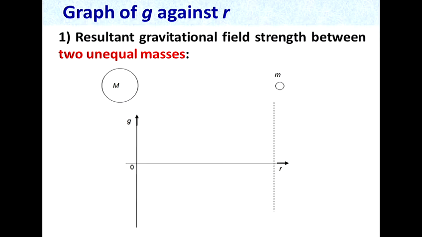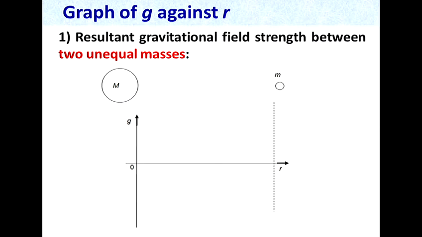Okay, the first graph we're going to talk about is a graph of gravitational field strength against distance when there are two masses present, big M and small m, spherical masses. Big M is going to generate a gravitational field around it. Same for small m. So if I have a test mass located in between the two masses, what is the resultant field strength?